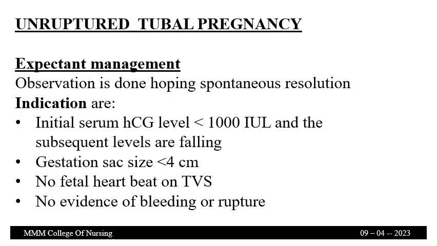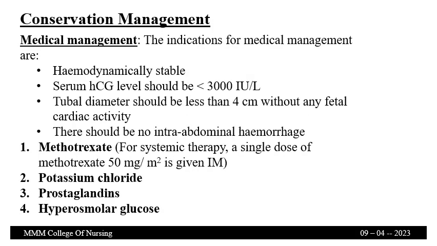The gestation sac should be less than 4 centimeters with no evidence of bleeding or rupture. If all these criteria are present, then we can wait and watch the patient.